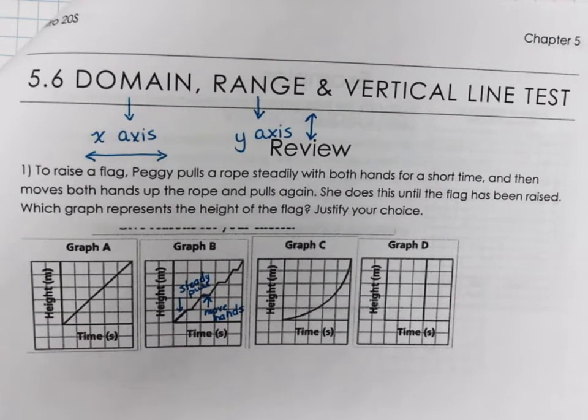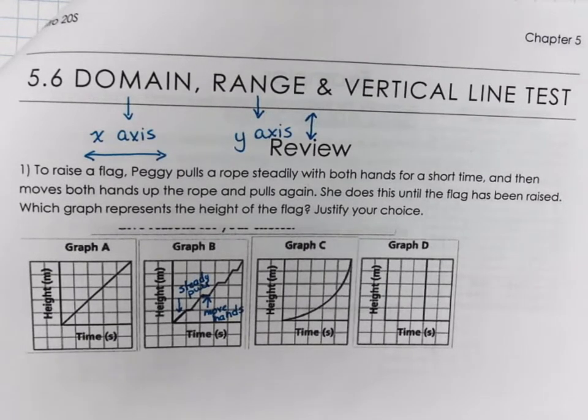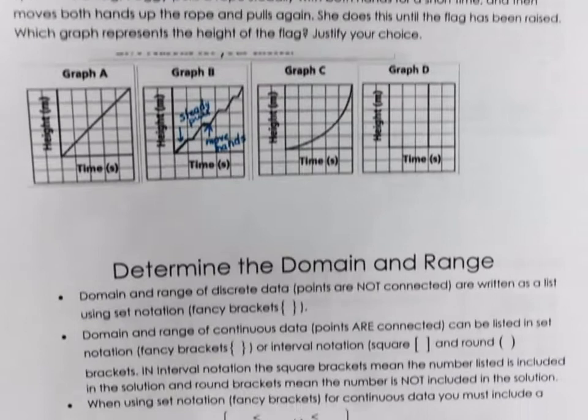And other people might do it a different way. They might just do it hand, pull, over hand, so there's no pause. But this one is hand over hand, and then the rope pulls again. So there's that pause in between. Okay, that was just 5.4 review, because I know you're excited about it.